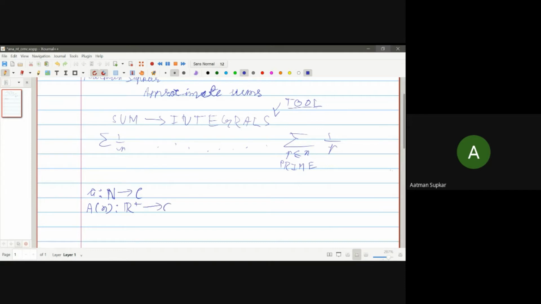This is an arbitrary function, by the way. This can be any function. It is defined by capital A of x equals summation n less than or equal to x of small a of n. So it's going to look like a step function.